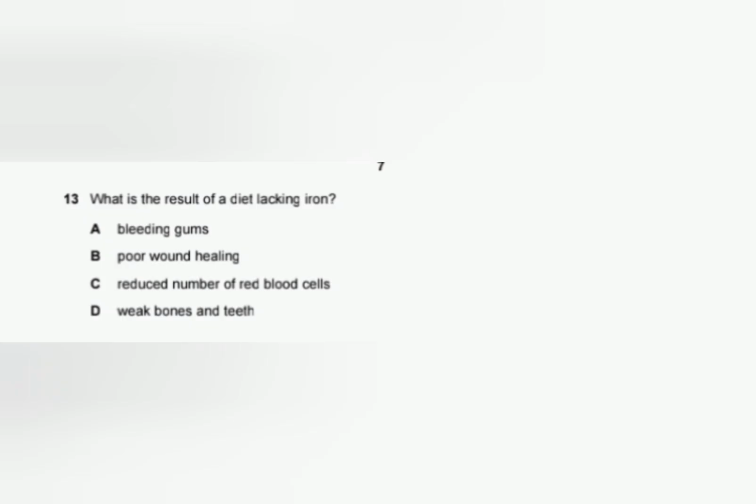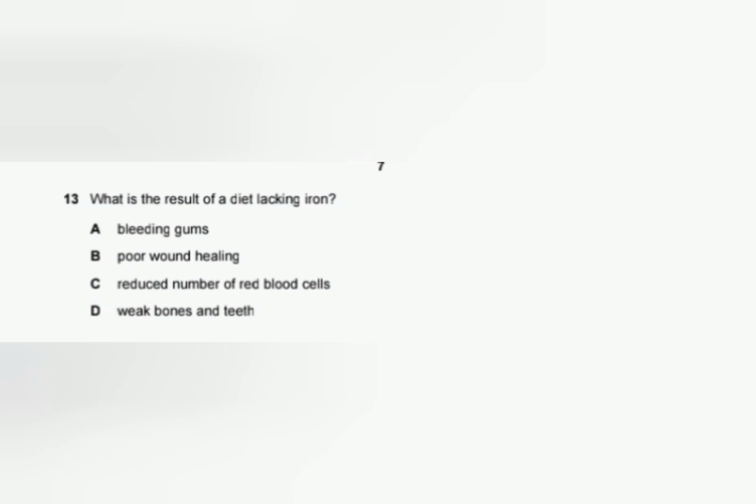Then the next one is saying, what is the result of a diet lacking iron? So we have A, bleeding gums. So this one is caused when a person is lacking vitamin C, which is scurvy. Then poor wound healing.